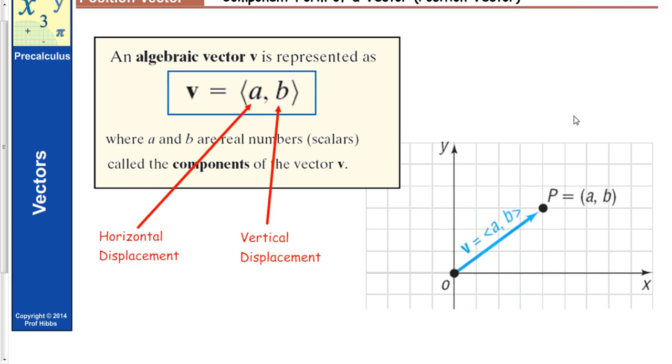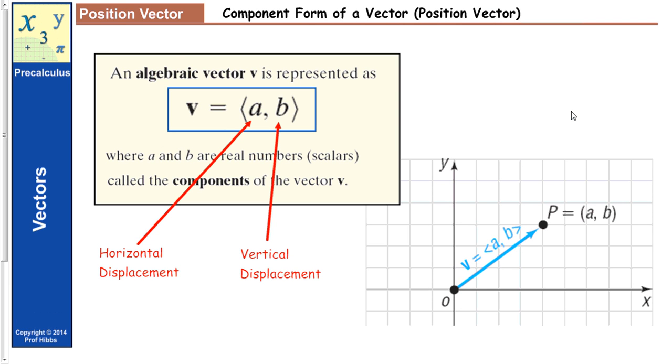is the idea of what we call a position vector. First, we think of a vector algebraically represented, and sometimes that's called the component form of a vector. Separate from that is the position vector, a vector in position, which is really not a different vector.